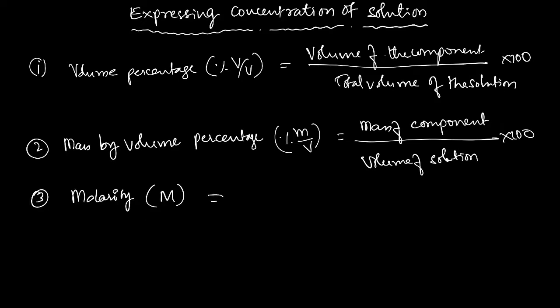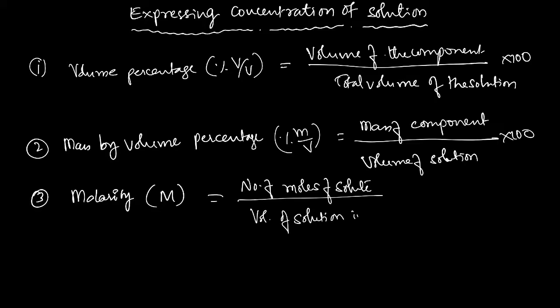It is defined as the number of moles of solute divided by the volume of solution in liters. If I substitute the volume of solution in milliliters, then I should multiply it by 1000. In that way we calculate molarity.